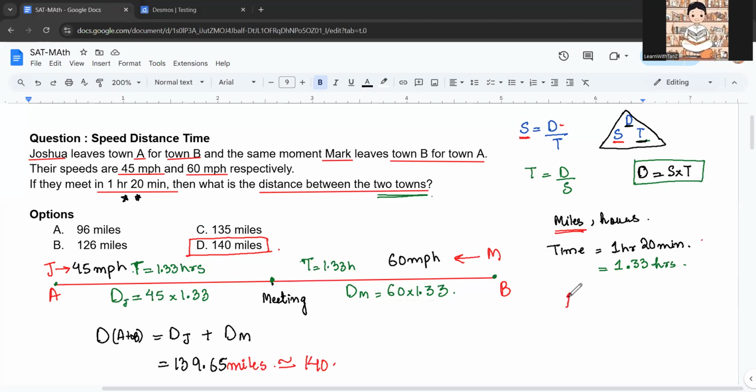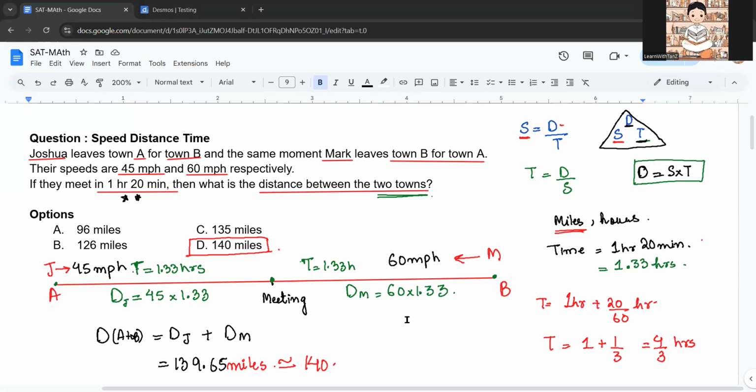So you will take 1 hour plus 20 minutes. 20 minutes you will do as 20 over 60 hours. Okay. This is your time. Then that will be 1 plus 1 over 3 hours. Then you can convert it to an improper fraction. This will be 3 times 1 is 3 plus 1, 4 over 3 hours. If you work with this fraction, you are gonna get the exact same thing, which is 140.